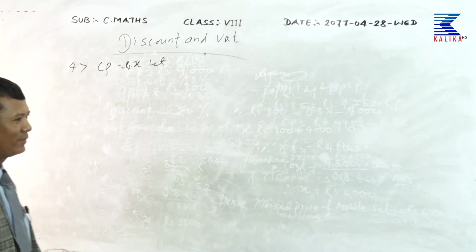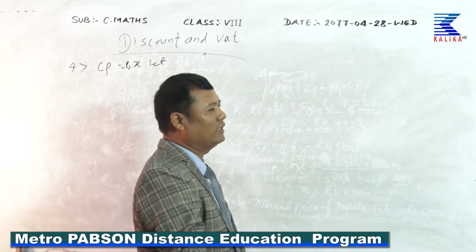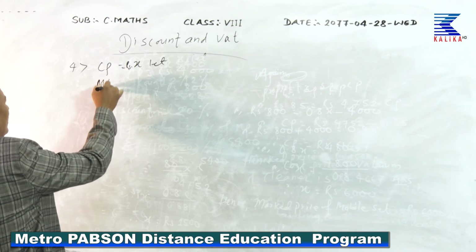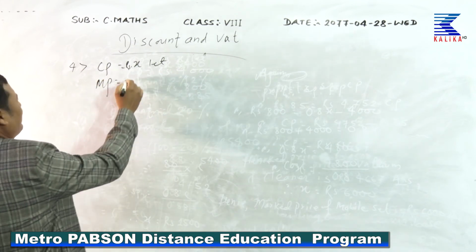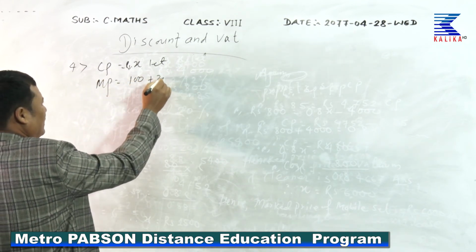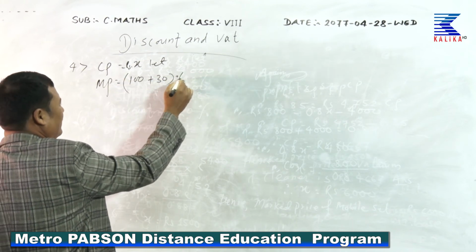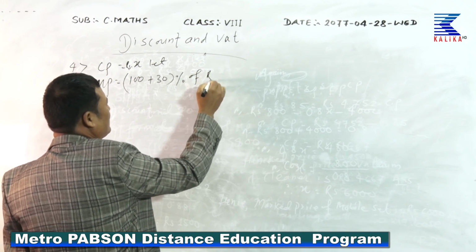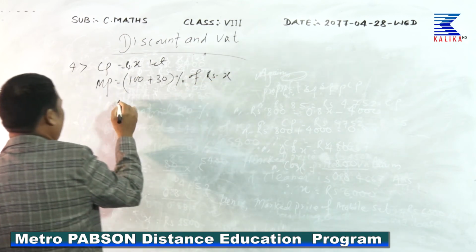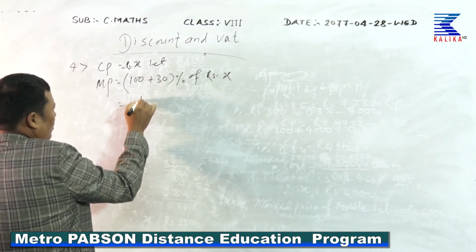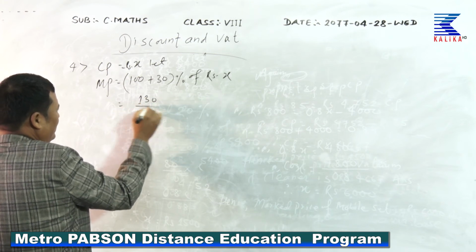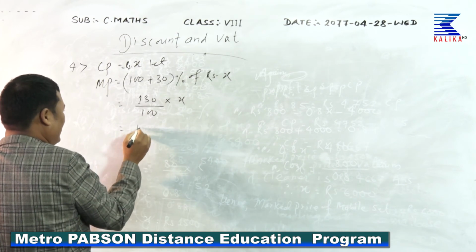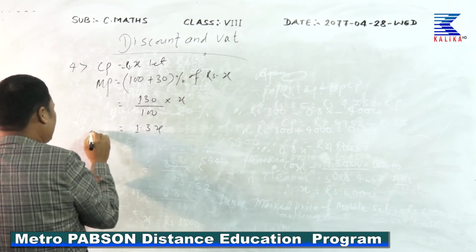because mark price is 30% above the cost price. MP is equal to 100 plus 30% of Rs X. 130 divided by 100 into X, then 1.3X.